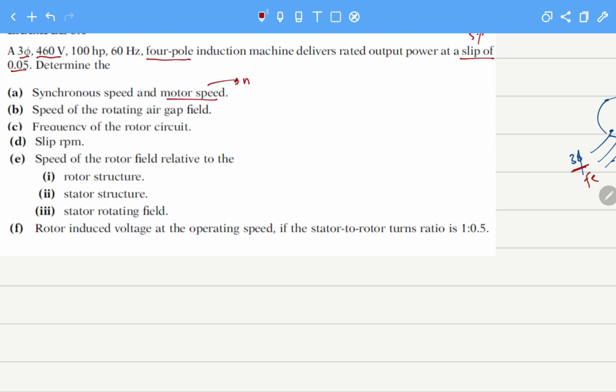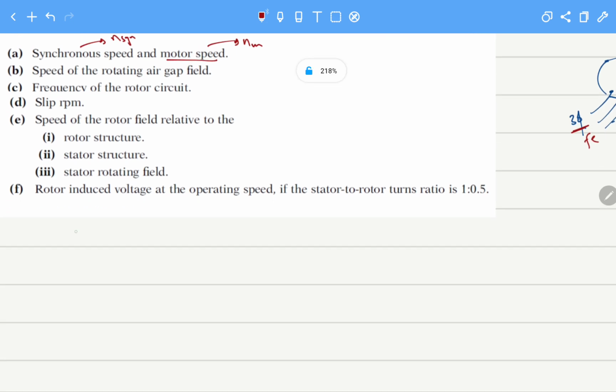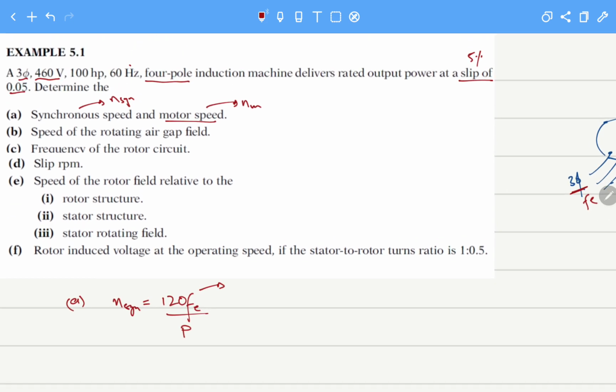The motor speed is the mechanical speed, and the synchronous speed is n synchronous, or ns. For part A, n synchronous equals 120 Fe over P. Fe is 60 hertz, and it is a 4-pole machine.